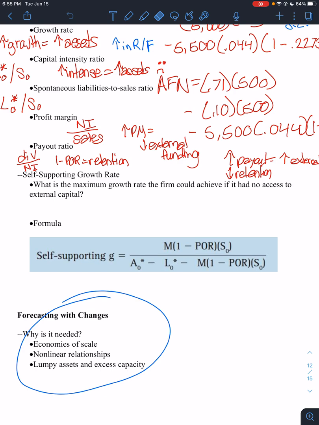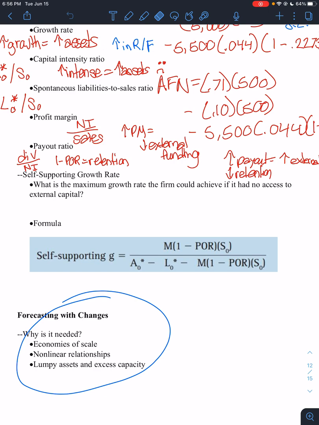So the last thing we'll actually be responsible for in this chapter is what's called the self-supporting growth rate. Self-supporting growth rate kind of sounds like what it is. It answers the question, what is the maximum growth rate that the firm could achieve if it had no access to external capital?